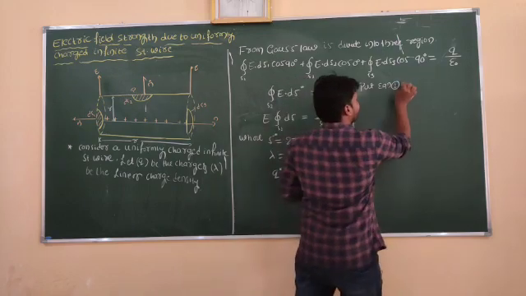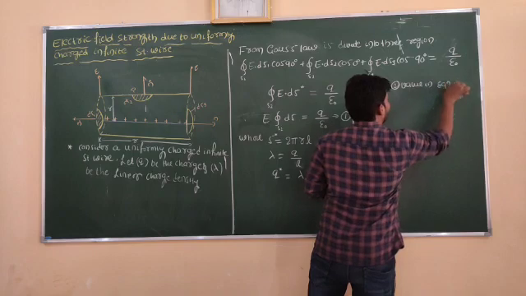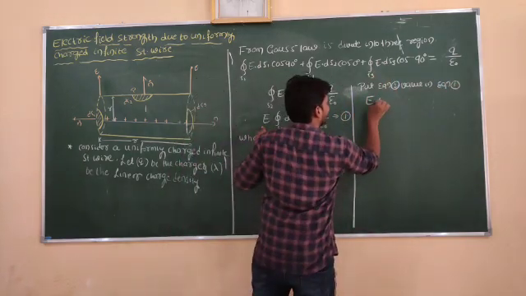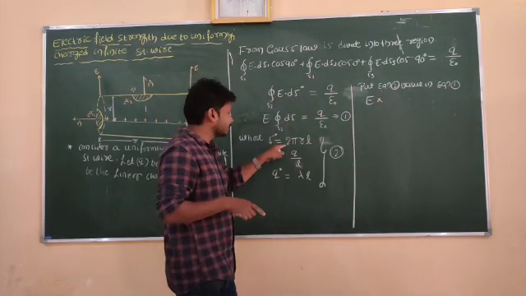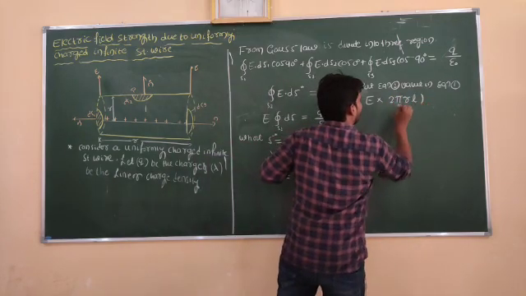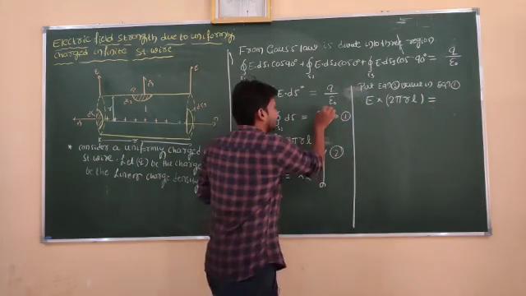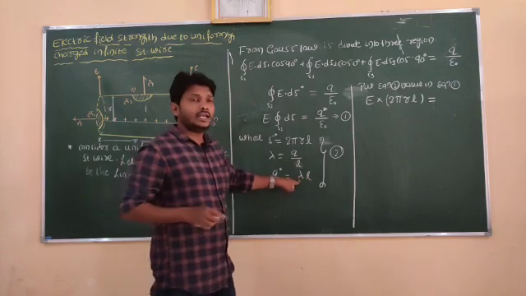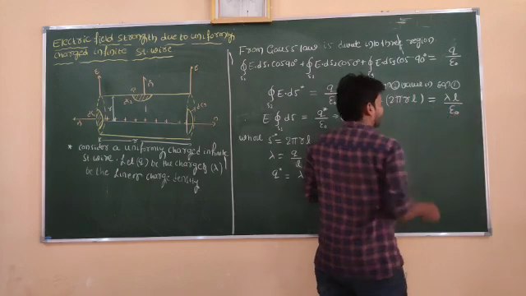If you substitute the values, E into the surface integration of dS, that is S. S is equal to 2 pi r into L, and that is equal to Q, which is lambda into L, where lambda represents the linear charge density, divided by epsilon naught.